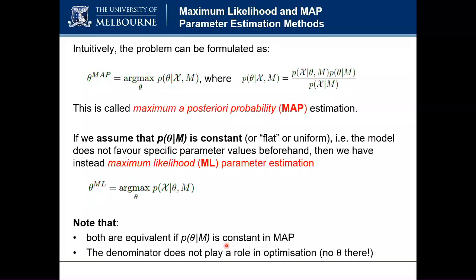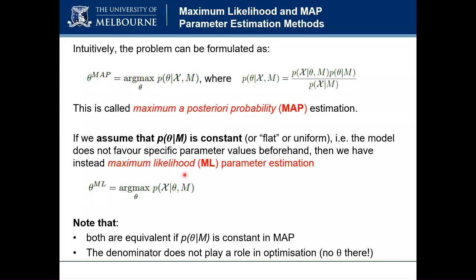So both are equivalent if the prior is uniform. If the prior is not uniform and you have beforehand knowledge, prior knowledge that some parameter values are more probable, maybe domain knowledge or some experience from before you saw the data set, then you do this MAP. Otherwise, if it's uniform, then MAP is the same as maximum likelihood, and maximum likelihood is simply this probability. Given theta, I'm maximizing the probability of seeing this data set.